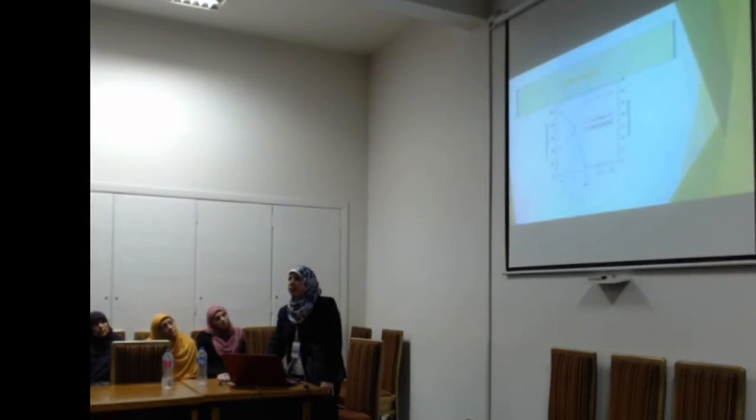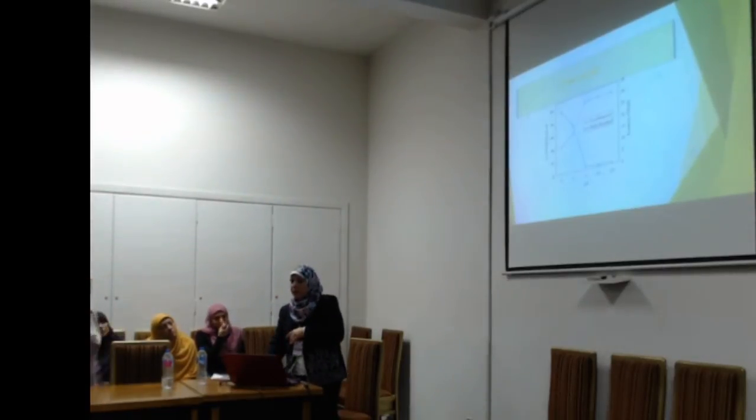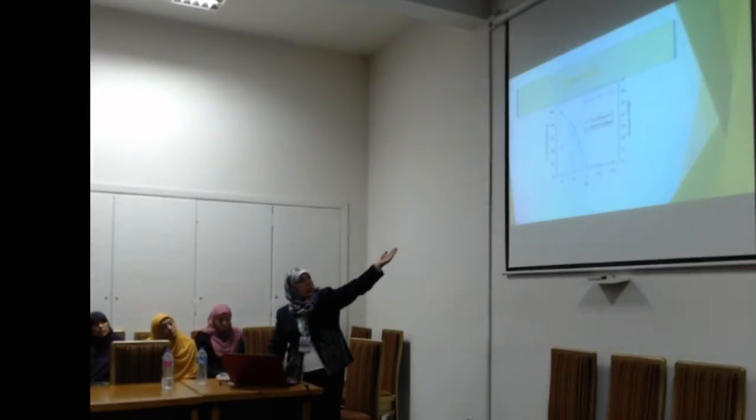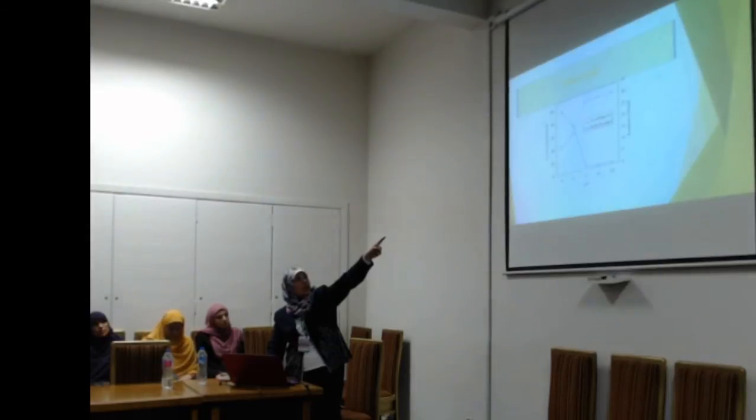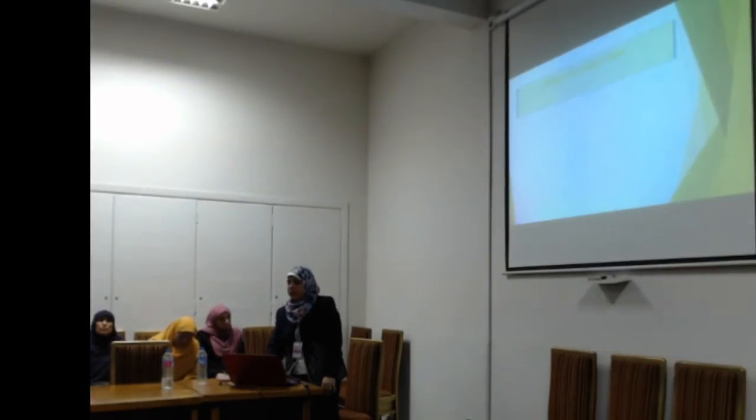Then we studied important parameters, such as pH, because all of these parameters affect the removal efficiency. The pH was studied in the range from 1 to 5.5. The removal efficiency increased with increasing pH until the range between 4.4 and 5.5, where it was a constant value. So we will take this range to complete all the parameters.